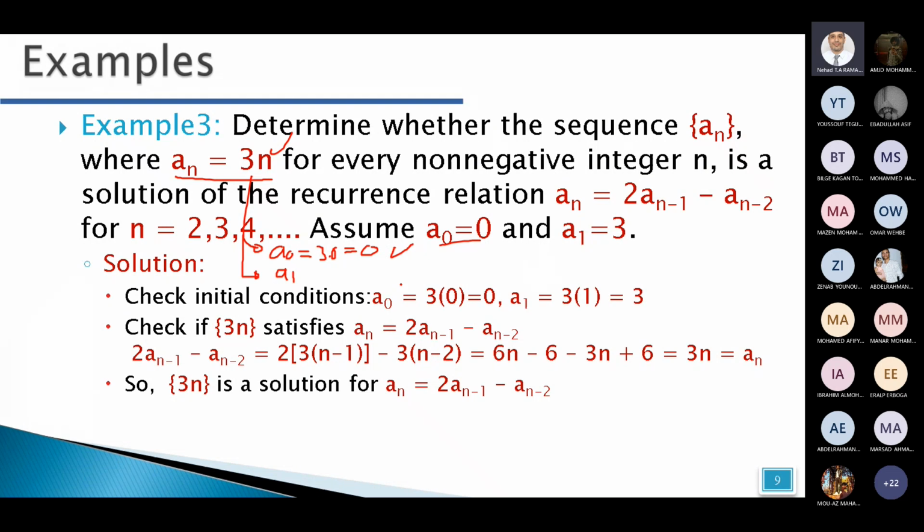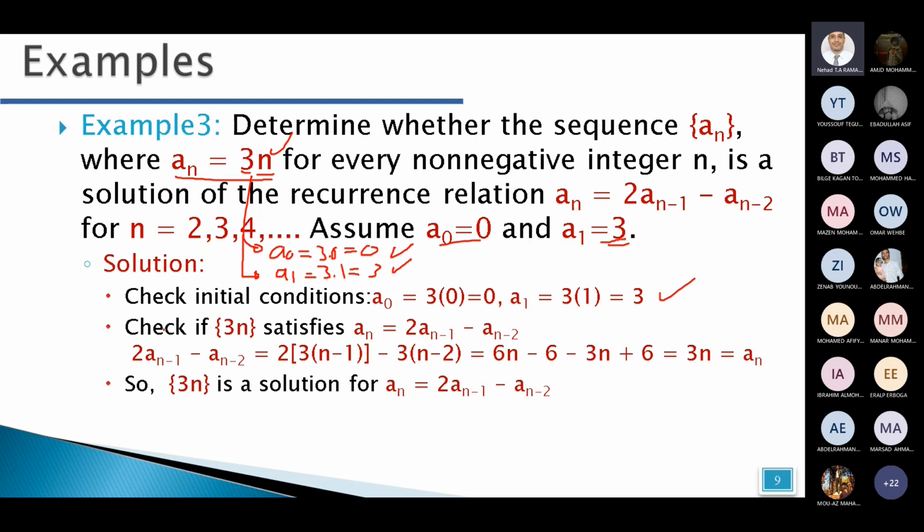Okay, correct for the first initial term. For the second initial term, a_1, n equals 1 here, so it's 3 multiplied by 1, which is equal to 3. It's correct because a_1 here equals 3. So it's correct for the initial condition.